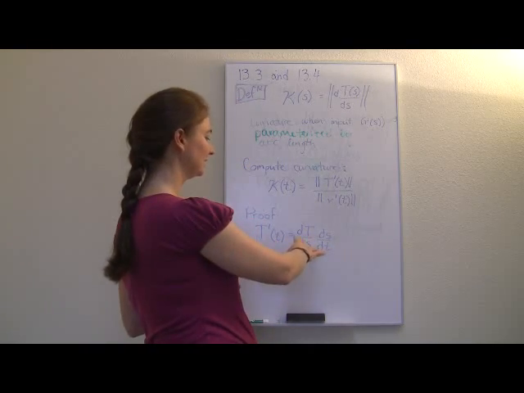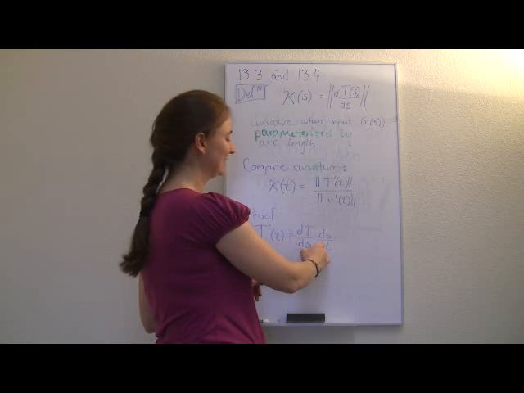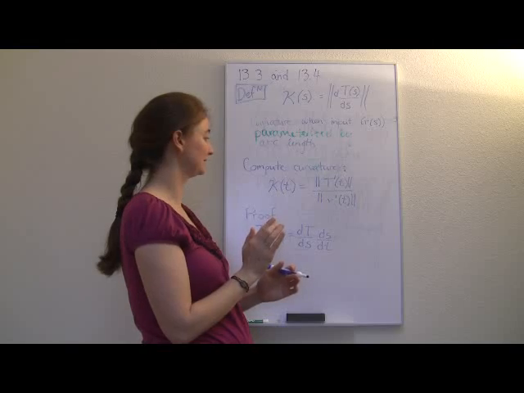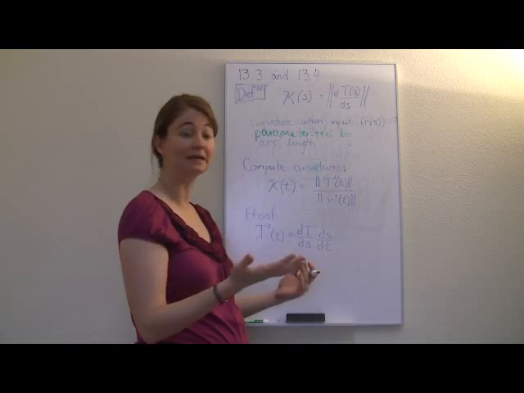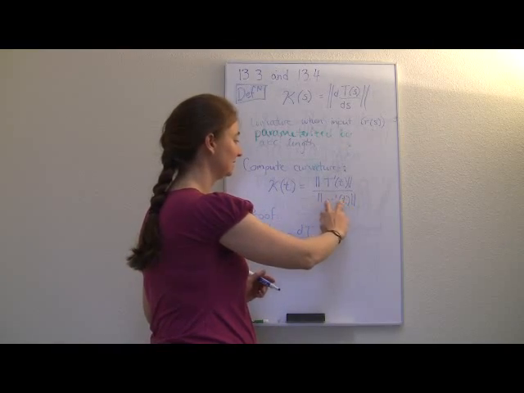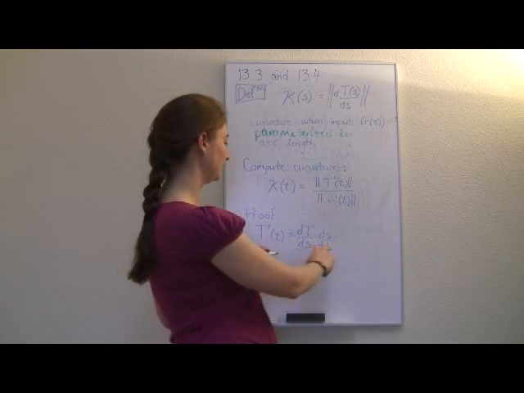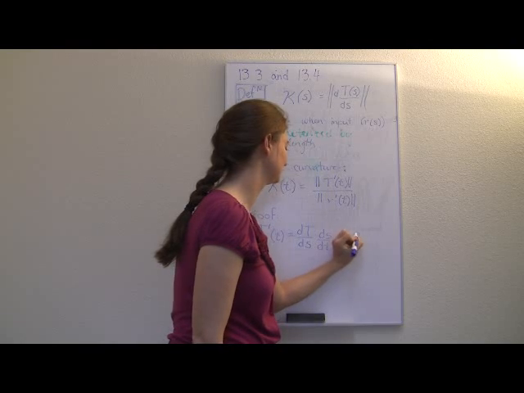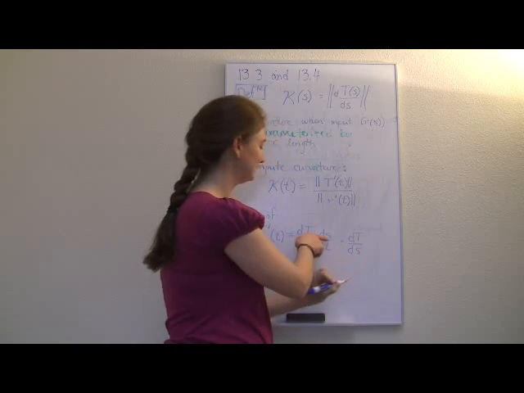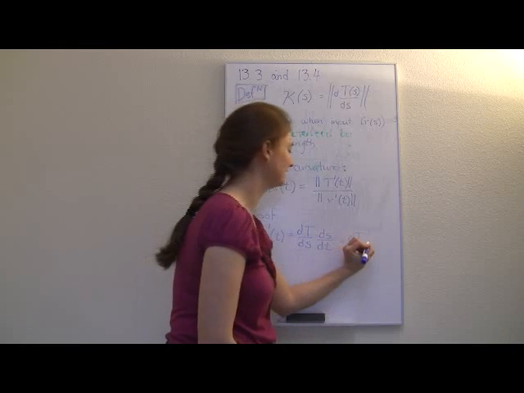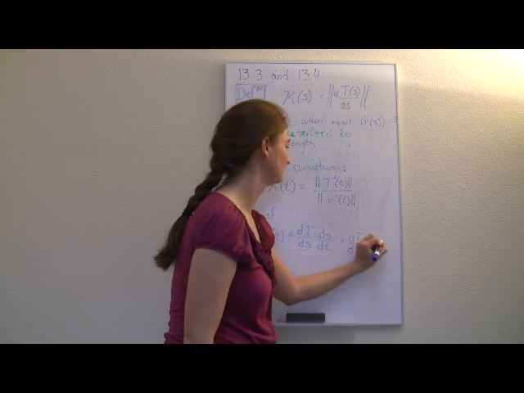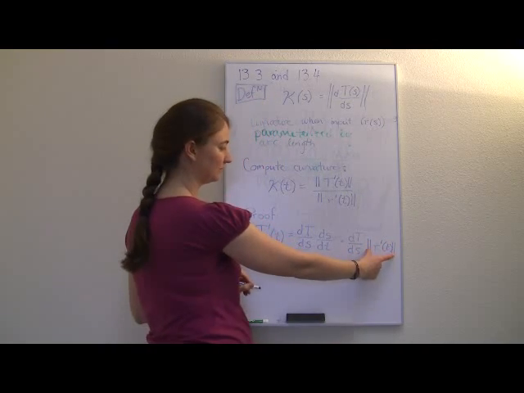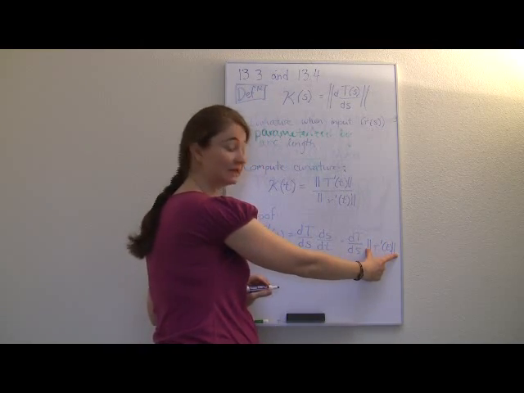And notice here that ds/dt is exactly the derivative of the distance that's been traveled with respect to time, or speed. And we can write speed as r prime of t. So my ds/dt term right here ends up being speed, which is written equivalently as the magnitude of r prime of t, because this is also a measure of speed.